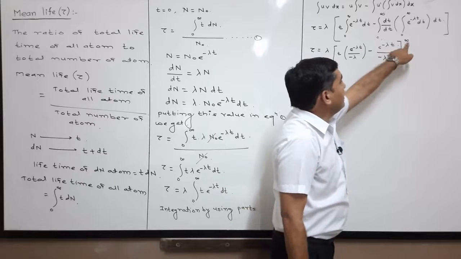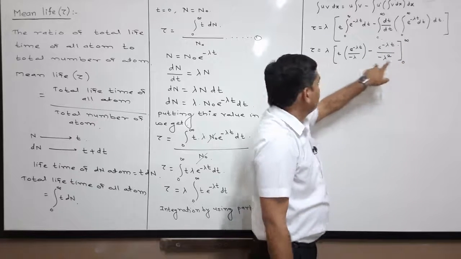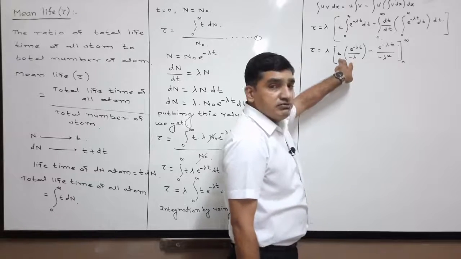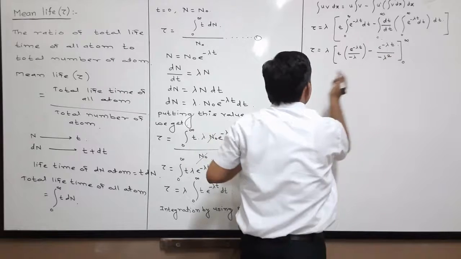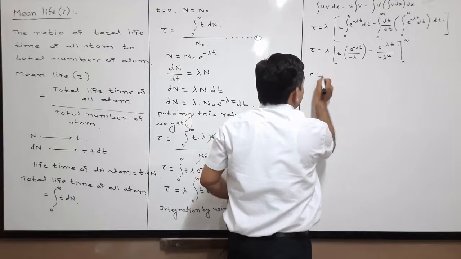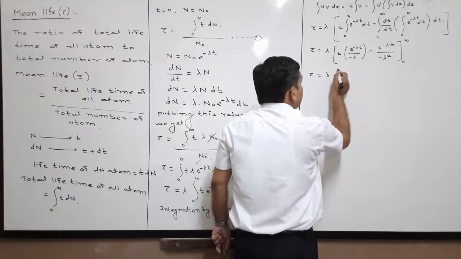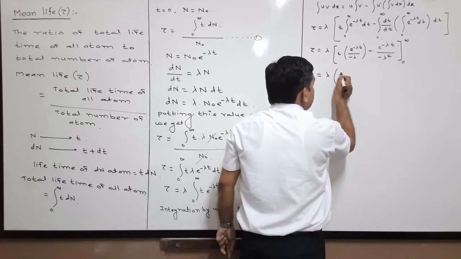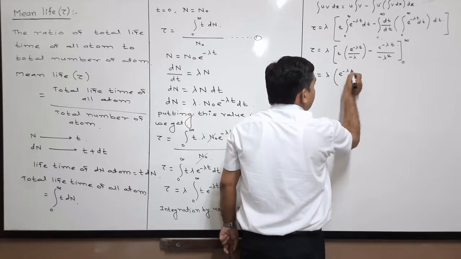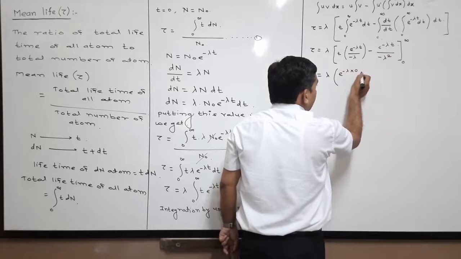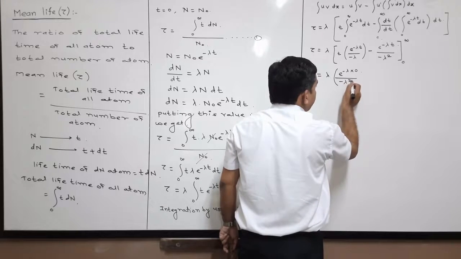When we put t as 0, this term became 0, but here this term is, tau is equal to lambda in brackets e raised to minus lambda into 0 divided by minus lambda square.